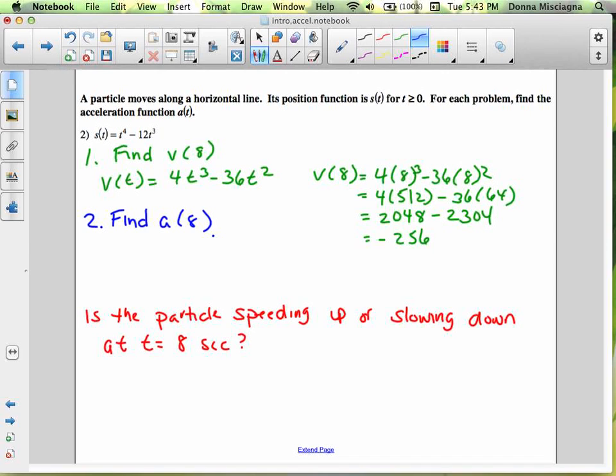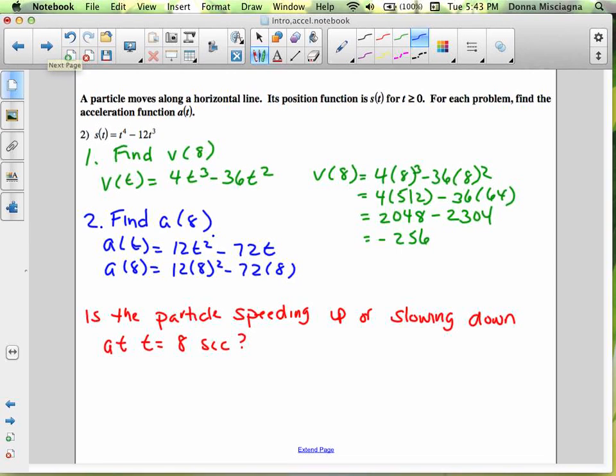We take the derivative, so a of t is 12t squared minus 72t. Now we'll find a of 8. So that's 12 times 8 squared minus 72 times 8. So 12 times 64. Oh, something's definitely wrong.